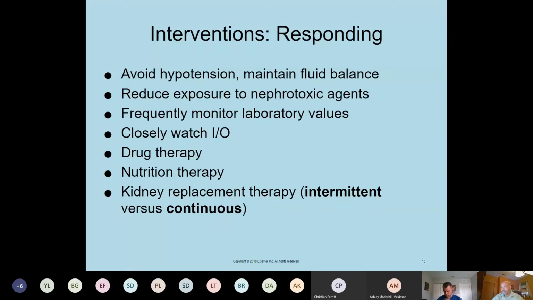So anyway, the KRT can be intermittent versus continuous. It can also be done at the bedside, especially for critically ill patients. If the patient is critically ill, they'll bring the machine up to the unit and do it at the bedside. Or it can be done at an outpatient site if the patient is pretty stable and lives in the community as well.